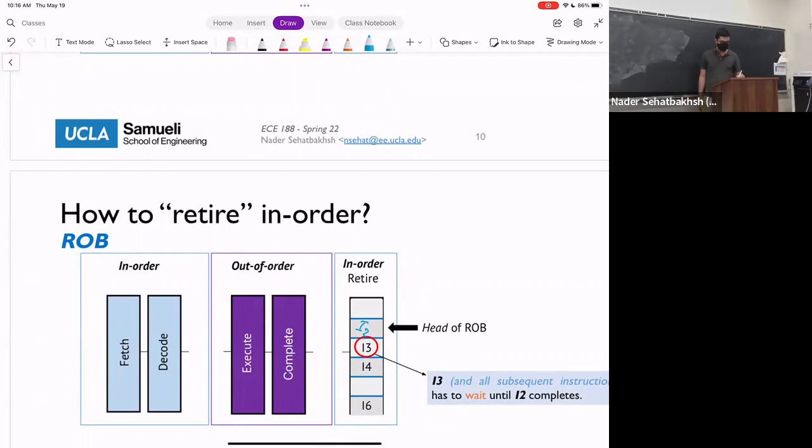The reason is that if at some point we realize that I3 shouldn't have been executed, then I4 and everything after that also shouldn't be executed, right? So we only release, or retire, instructions in order. Given that I2 hasn't arrived yet, I3 and I4 have to stay in our ROB buffer, okay? So they have to wait there until I2 arrives.